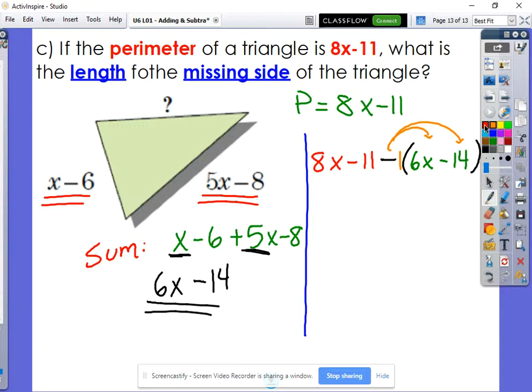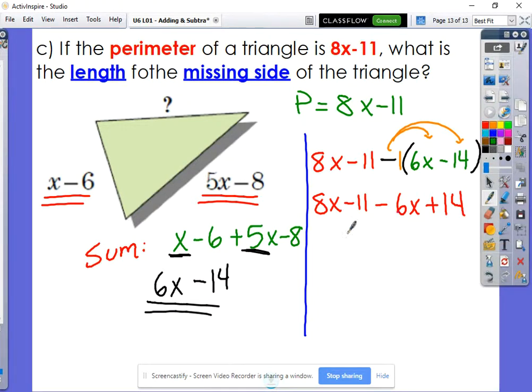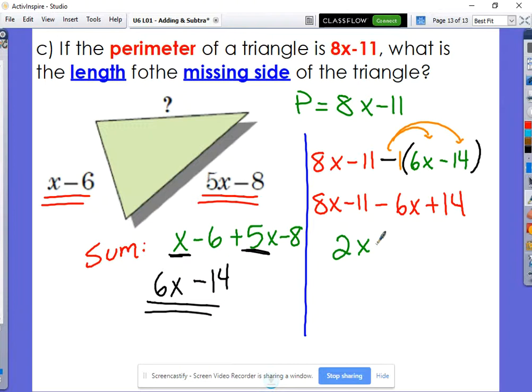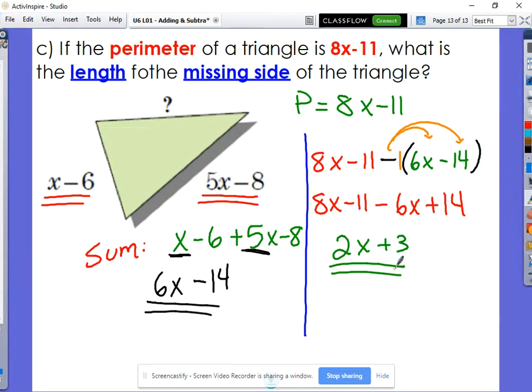So my new expression is 8x minus 11 minus 11x plus 14. Combine those like terms, and we're left with negative 3x plus 3. And that, my friends, is that missing side. This is the missing side of the triangle that we were asked to find.